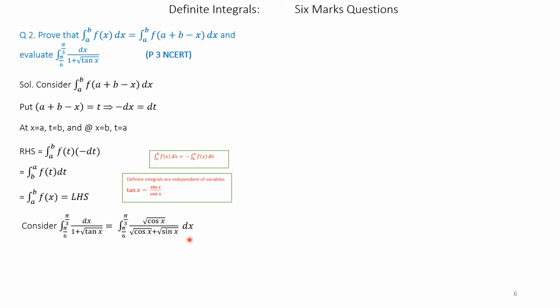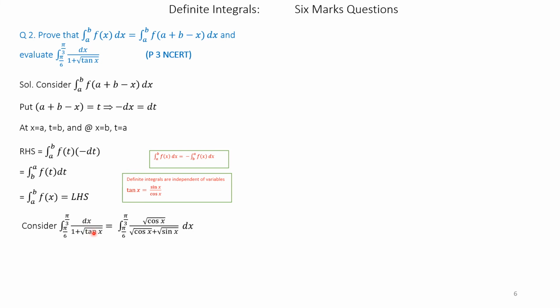Now consider the given function, integral from x is equal to pi by 6 to x is equal to pi by 3 of dx by 1 plus square root of tan x. Now we have to substitute the value of tan x in terms of sin x and cos x. That is the fundamental ratios.